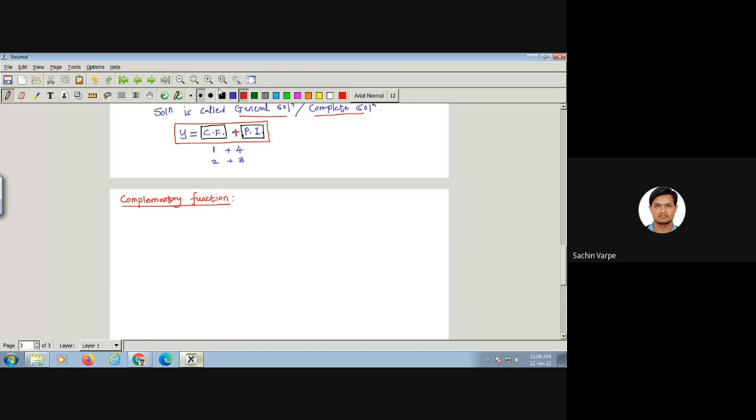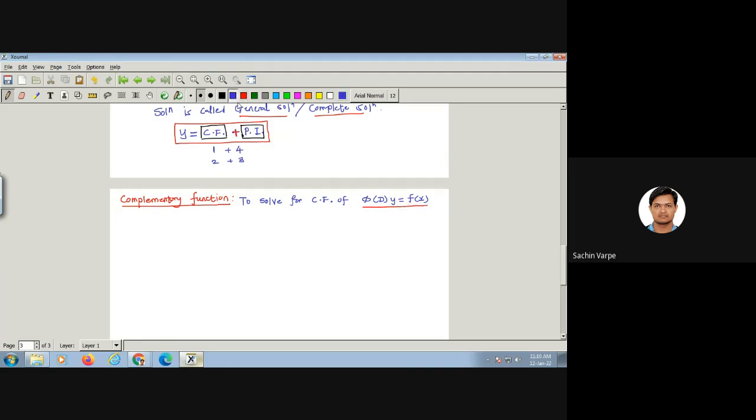So to find the complementary function, first of all, let me write here: to solve for the CF of phi of D into y is equal to f of x. We are trying to find the complementary function of this linear differential equation, right?